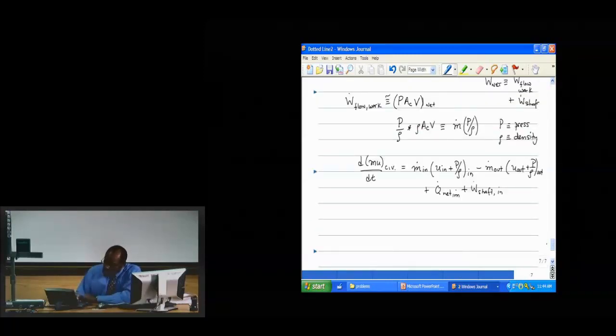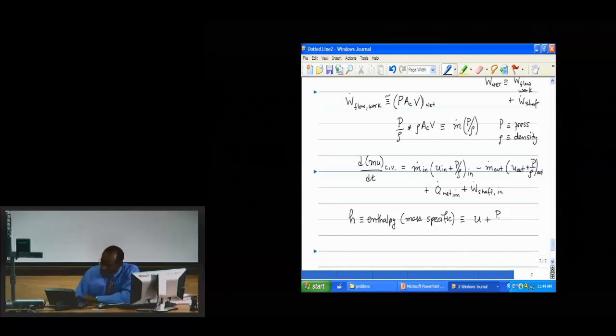There's a new property called the mass specific enthalpy. That is equal to the mass specific internal energy plus the pressure divided by the density.